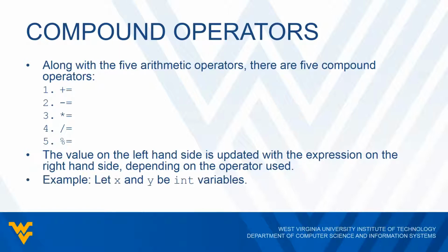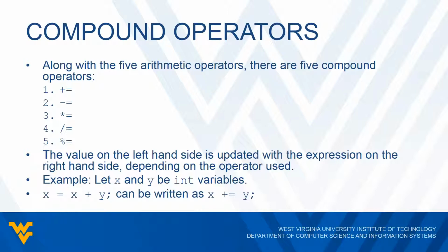So let me give you an example so you can see what's going on here. Let's say we have x and y be integer variables. And let's say I want to do x equals x plus y. We can rewrite this as x plus equals y. So what we're really doing here is if I have some variable on the left-hand side and some variable on the right-hand side, these compound operators are just saying take those two values, use whatever operator we're doing with it, and then store that back into the left-hand side variable.